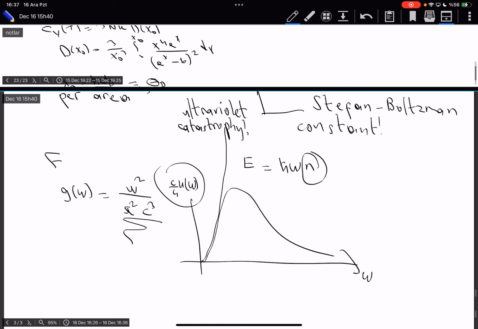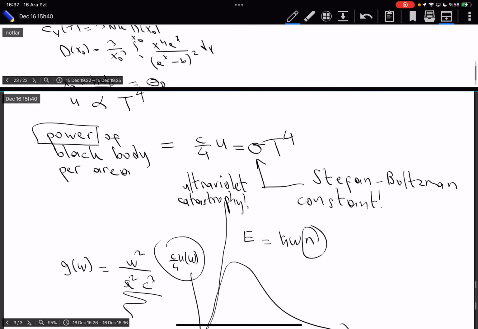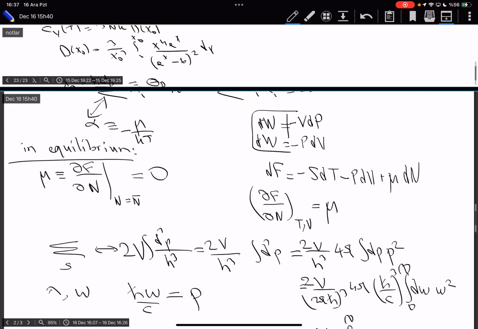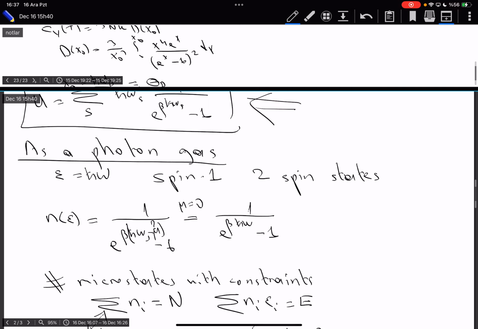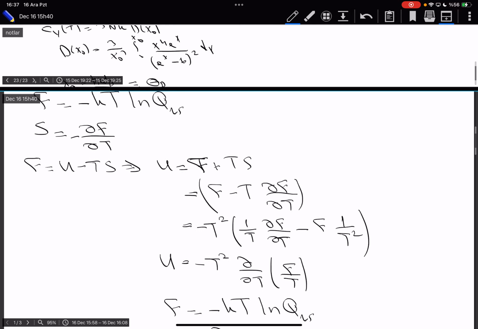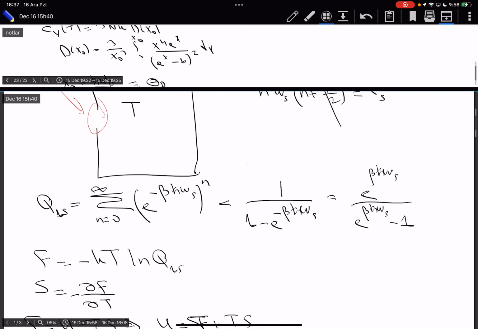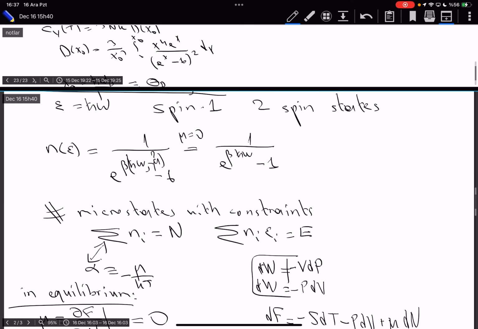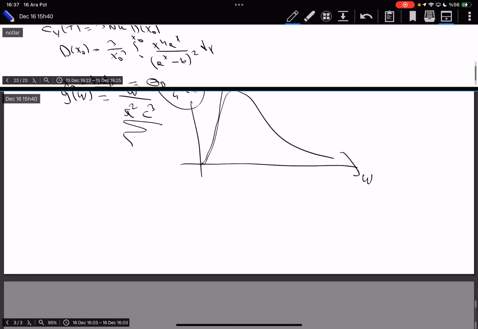Okay, so we are looking at this problem from the perspective that we have many oscillators. Each single one has the partition function given by this expression over here. So for all the oscillators, this will be a sum over all the oscillators.